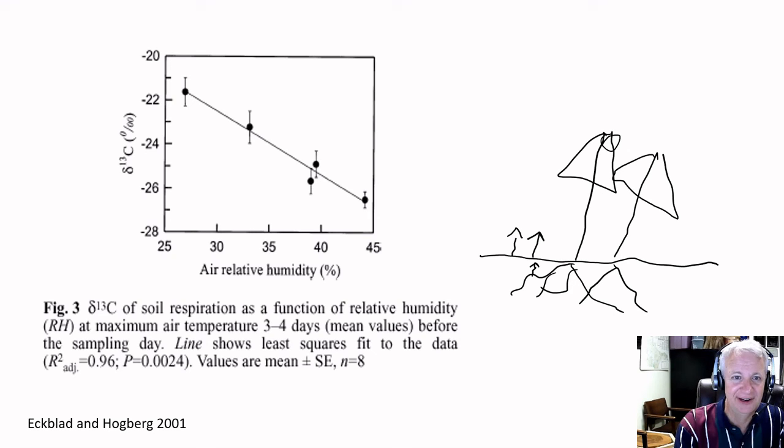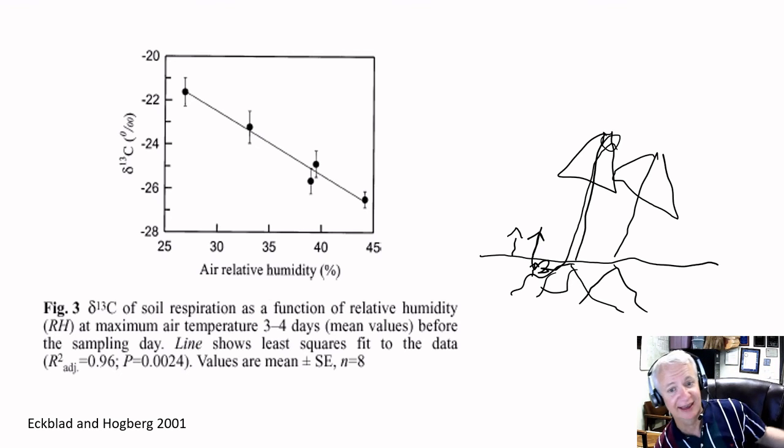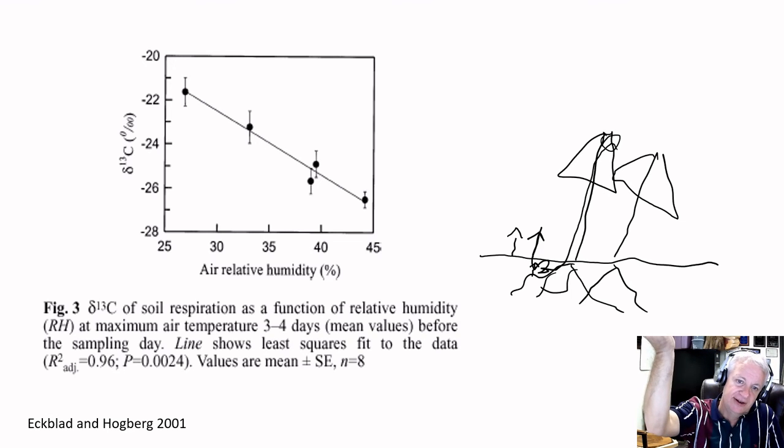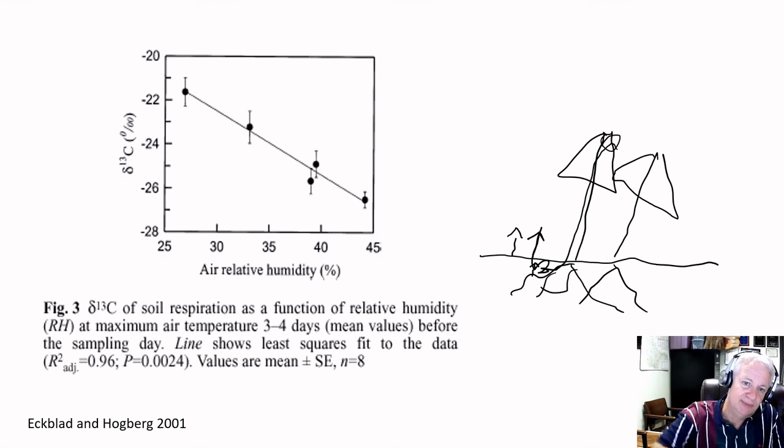So the humidity 3 to 4 days prior determines the δ13C of carbohydrates that are then retranslocated to the roots and then respired 3 to 4 days later, and we're seeing that signal in that respired CO2. Really neat study, very indirect, but it tells us something in this case about how long it takes for carbon that's fixed in the leaves to move down and be respired by the roots.